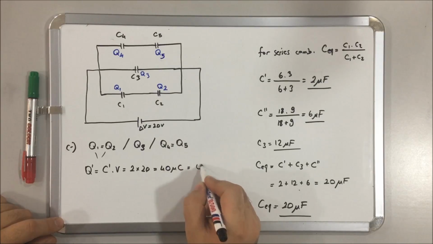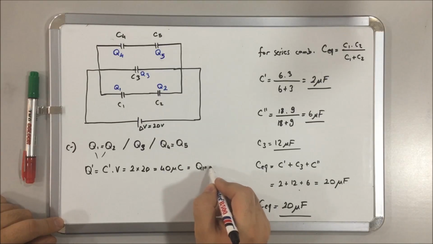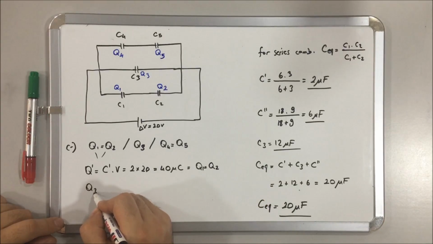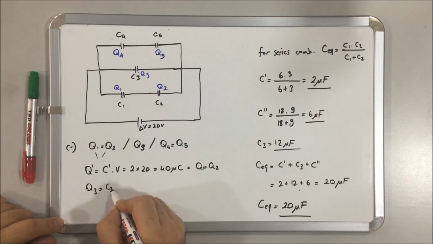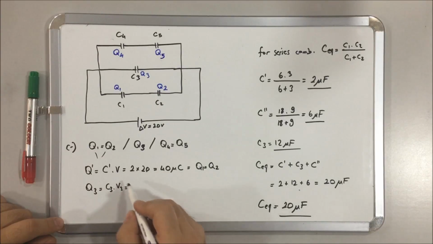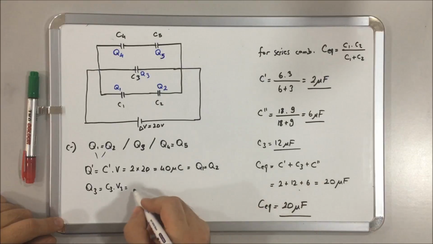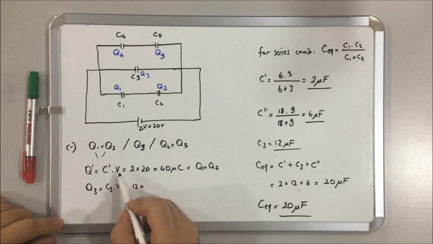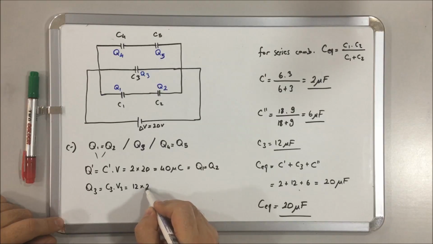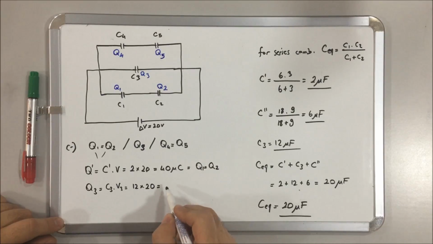These are equal to Q1 and Q2. And Q3 is equal to C3 times V3. C3 is 12 times V3. They are all parallel to each other, so the potential difference must be 20.